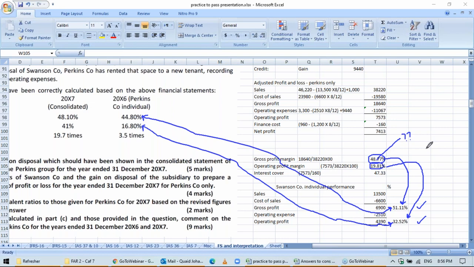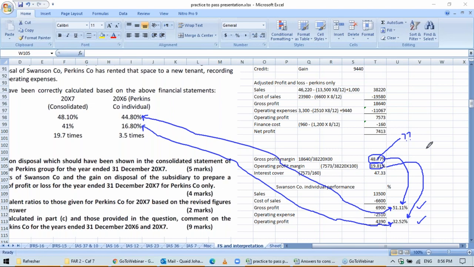Why? Because of selling at lower profit margins to Swanson, their profit margins are remaining low. And now if they start selling at higher profit margins, like with external third parties, they will be earning more profit margins. Secondly, what about the operating profit margins?